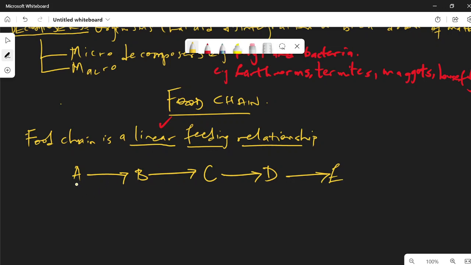Energy in A is being transferred into B, and the energy in B is transferred into C. The energy in C is transferred into D, and the energy in D is transferred subsequently into E. So the reaction is a straight line reaction, and that is why it is referred to as a linear feeding relationship.